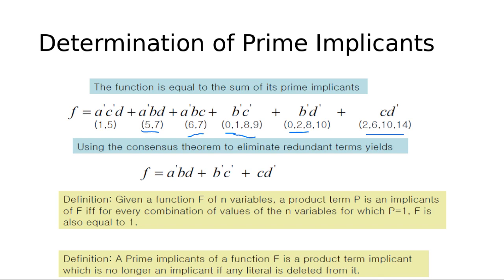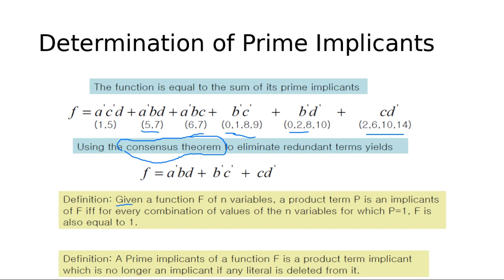There are other steps. It is not done yet. You can simplify these terms using the consensus theorem. You know the consensus theorem. Also, there is a definition. We will see this definition in detail next.